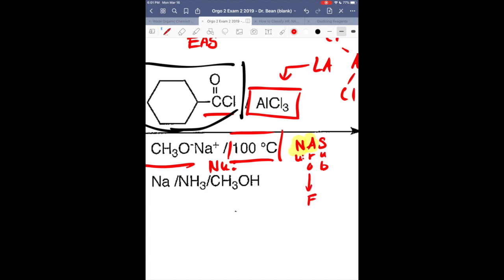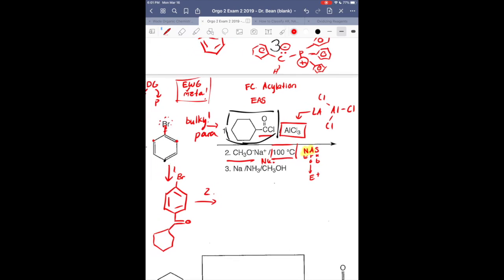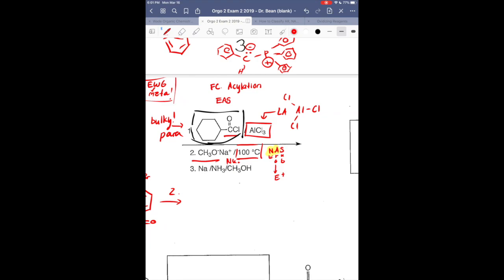And that means that the aromatic ring must be acting as a what? An electrophile. Okay? So if it's acting as an electrophile, does it prefer to have electron withdrawing groups or electron donating groups if it wants to be more electrophilic?